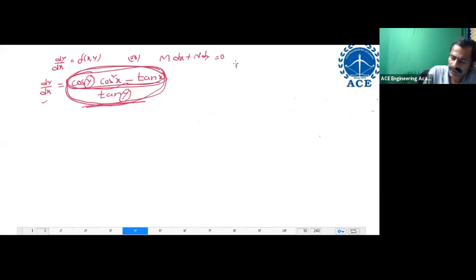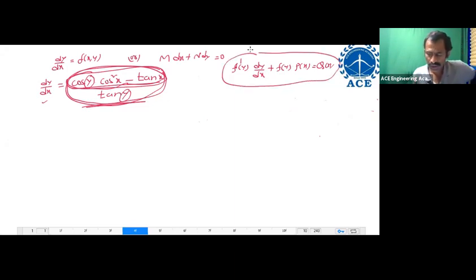The other form is f dash of y into dy by dx plus f of y into p of x equal to q of x. This is another type of first order non-linear. We check whether all these terms are present or not.